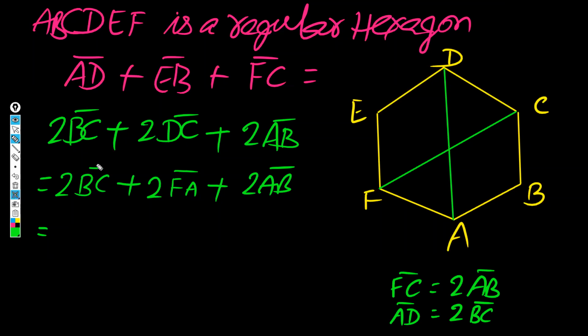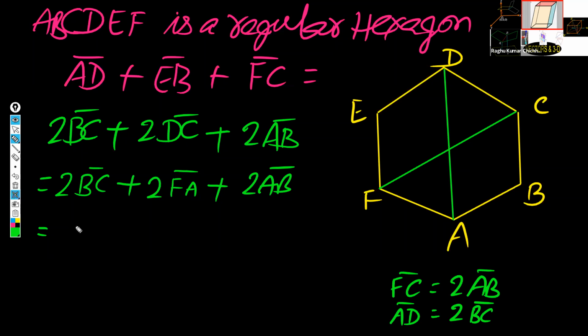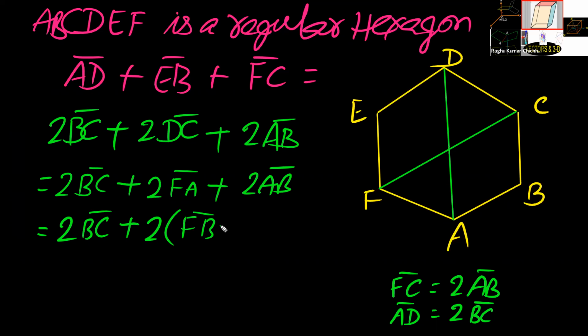Yes, sir. Twice BC can be written as FA twice it. Let us try like this. FA can be written as FB plus BA, plus twice of AB.